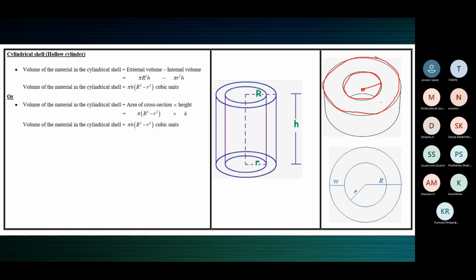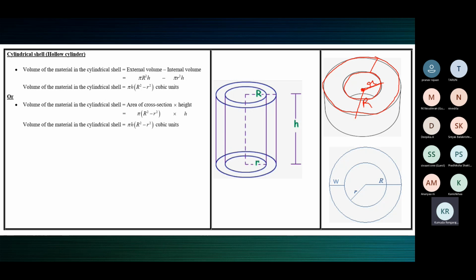It's empty, open at the top and bottom. But this is the wall of the sellotape. The wall of the cylinder is thick. From the center to this point is the inner radius. From the same center to this point is the outer radius. Definitely, the inner radius is smaller than the outer radius.